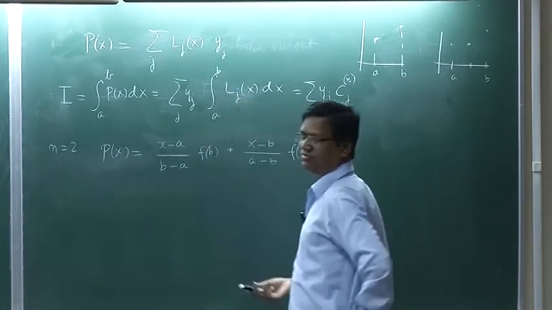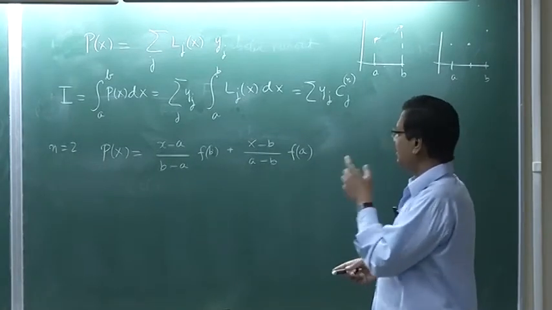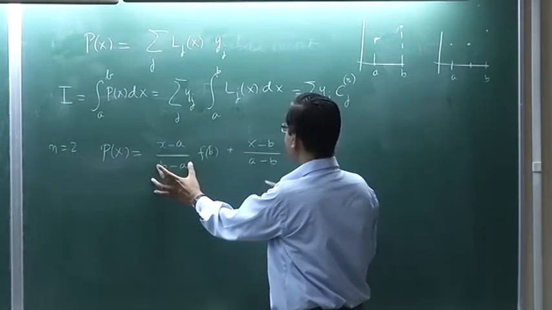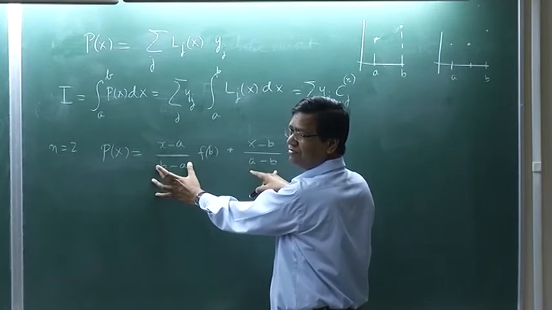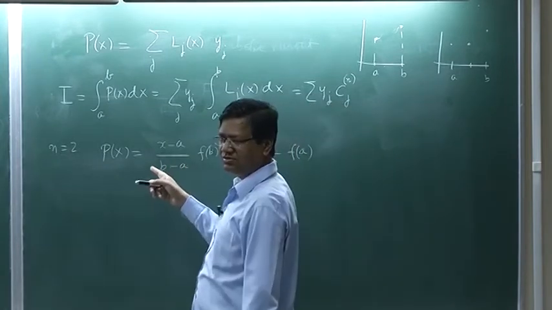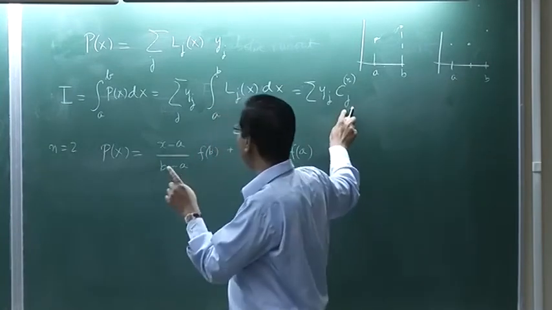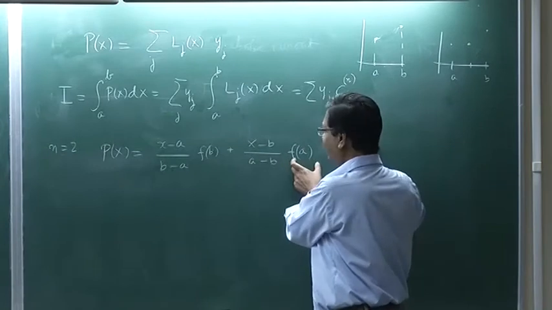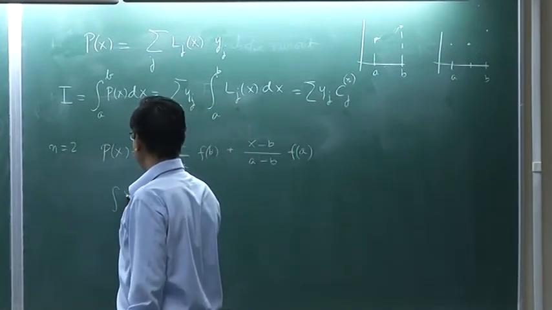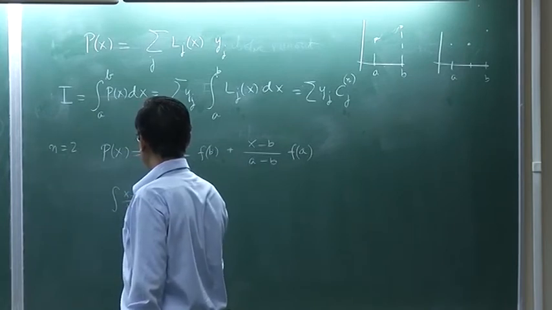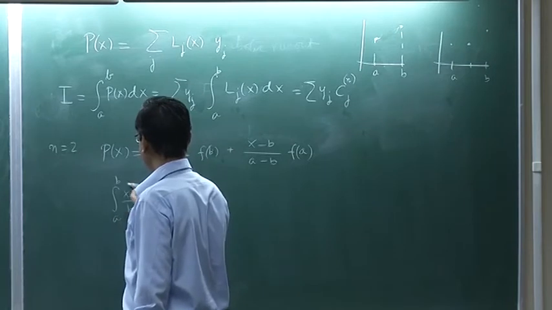So this is the formula of Lagrange interpolation. Now, these are the Lj's, 2 of them. So I need to integrate this. That will give me 2 coefficients, which will multiply f(a) and f(b). So the integral of this is x minus a over b minus a, dx from a to b.